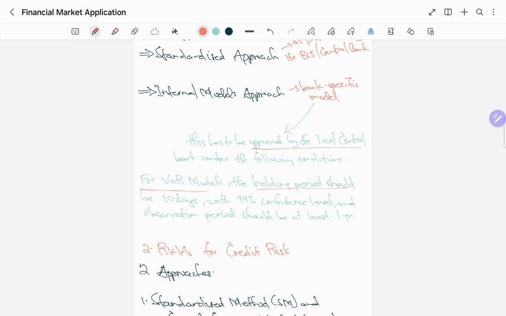The holding period should be 10 days. The confidence level should be 99%. And the look back or the observation period should be at least 1 year. So if you fulfill all of these, then BOG is going to give you a green light and you can proceed to use your internal models. But if not, then you have to use the standardized model that the central bank requires.